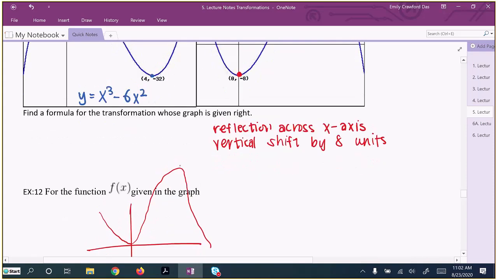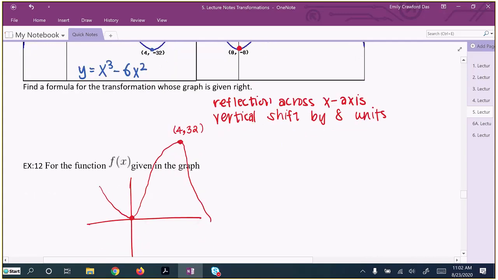So the point 4, -32 now is 4 and 32. And the point 0, 0 is still 0, 0. So that's the reflection across the x-axis.